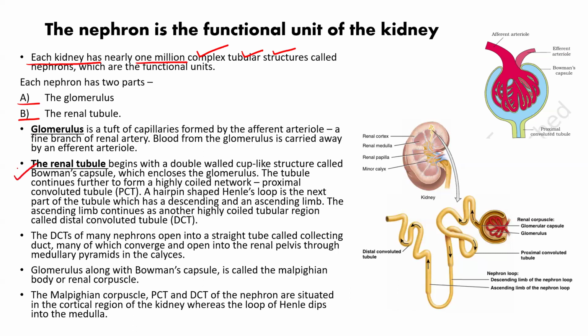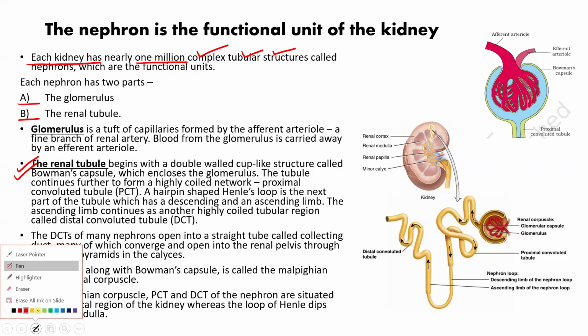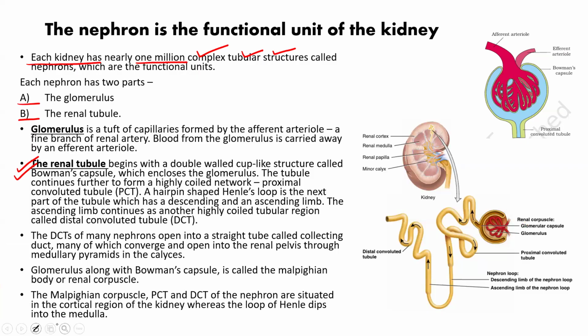Now, where does the renal tubule start? If you see, renal tubule starts with this structure. Let me highlight it to you. See here, this is Bowman's capsule. This cup-like structure is Bowman's capsule, or you can say glomerular capsule, which is continuing as PCT, the proximal convoluted tubule, which further forms a loop.